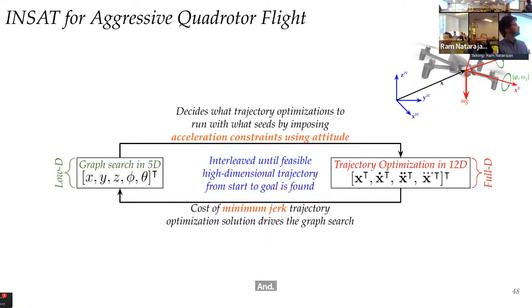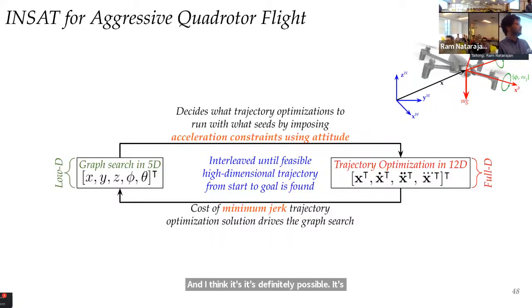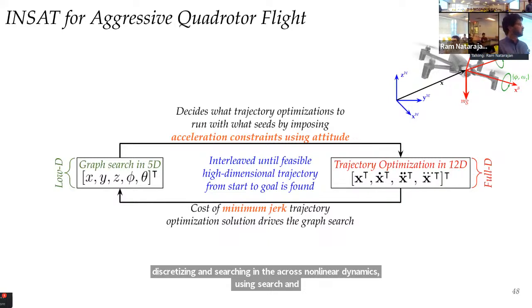Let me think. I think it's definitely possible. You're right. Obstacles are definitely more intuitive than the nonlinear dynamics. So you might benefit more by discretizing and searching across nonlinear dynamics using search, and imposing these obstacle constraints in the full dimensional space.